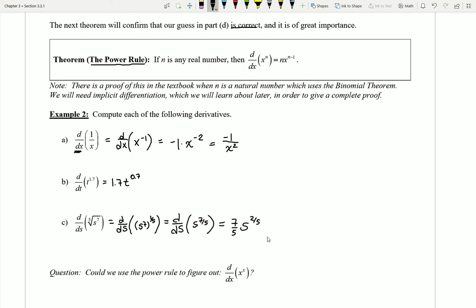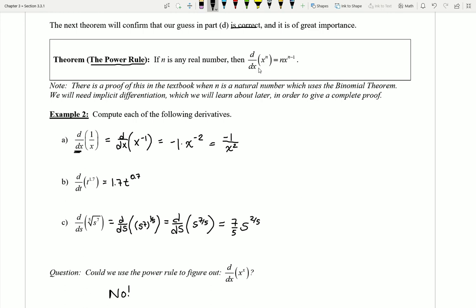Now, an important question to ask at this point is, could we use the power rule to figure out this derivative? Here I want the derivative of the function x to the power x. What do you think? Could I use the power rule here? Well, my answer to this should be no. And the reason why is that it doesn't fit the form of the power rule.